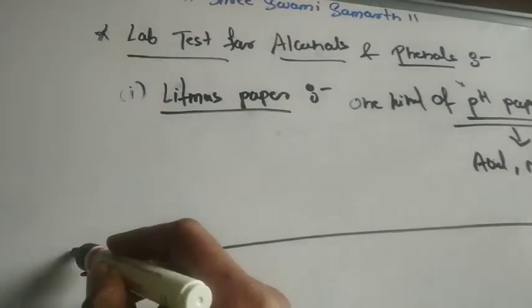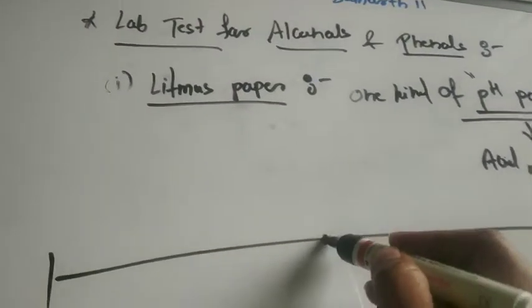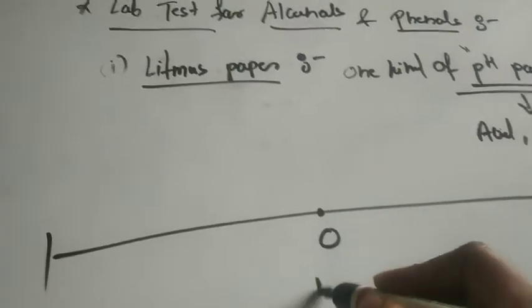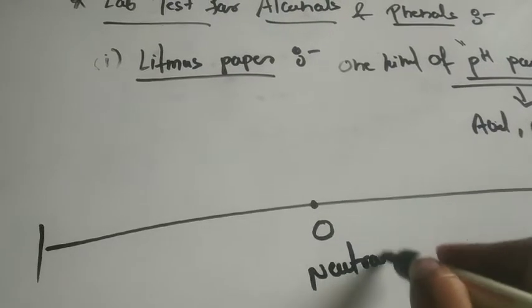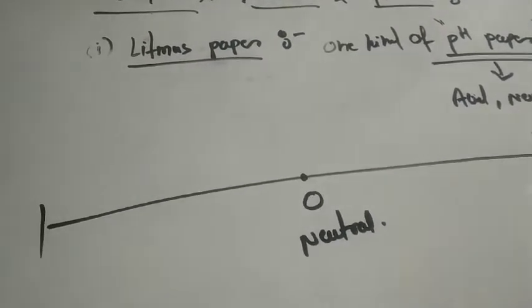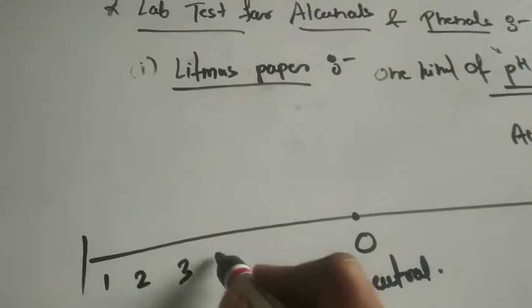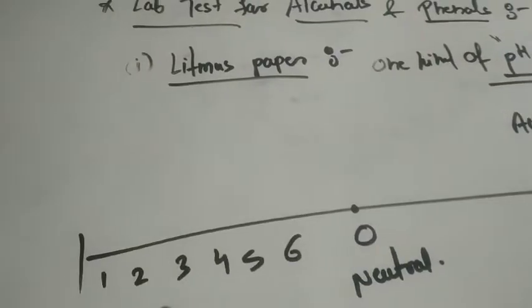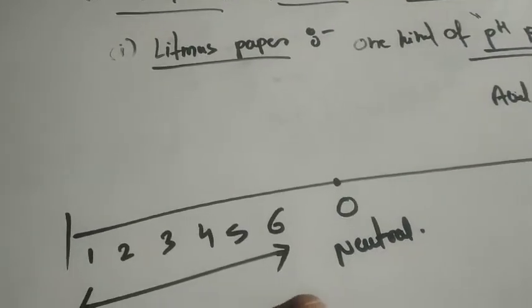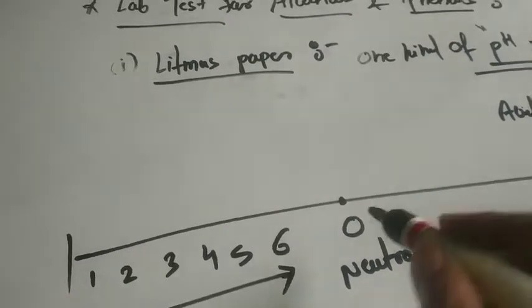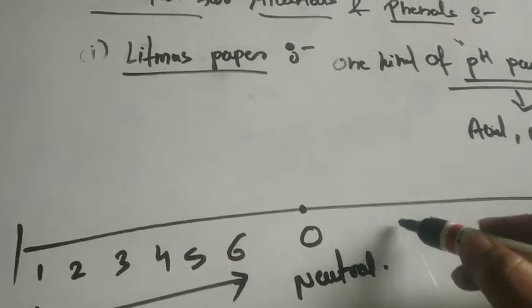This is our pH scale. In this pH scale, in between we have a 0. The 0 has the compound as neutral. Then we have the values 1, 2, 3, 4, 5 and 6. Up to 6 all are acidic in nature. 0 has a neutral nature.